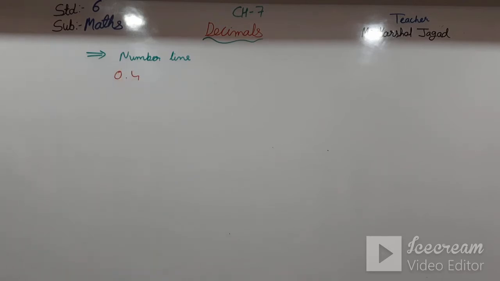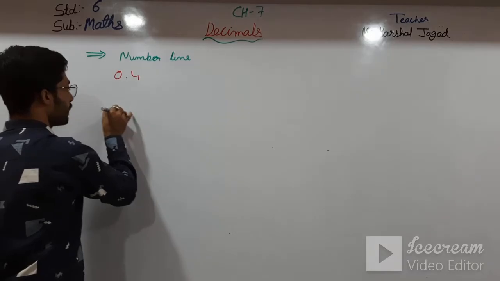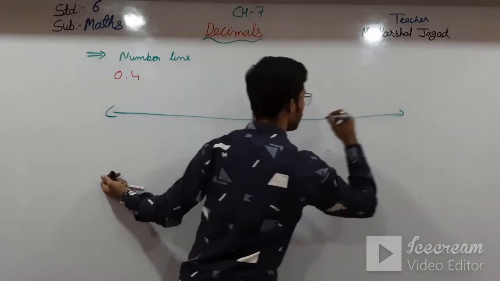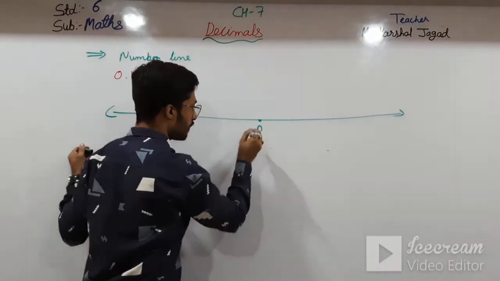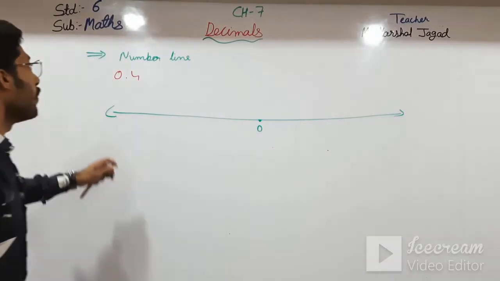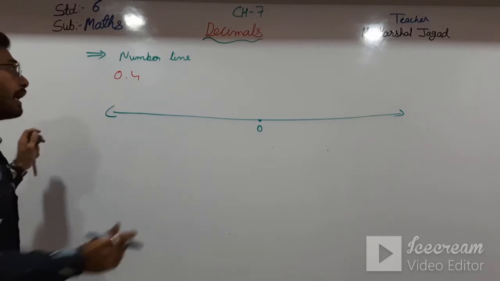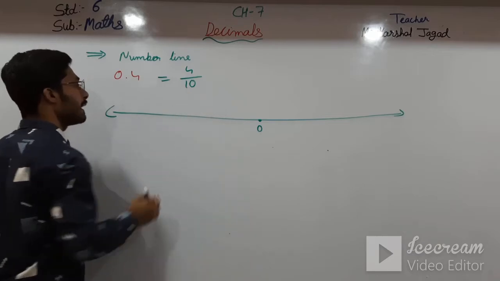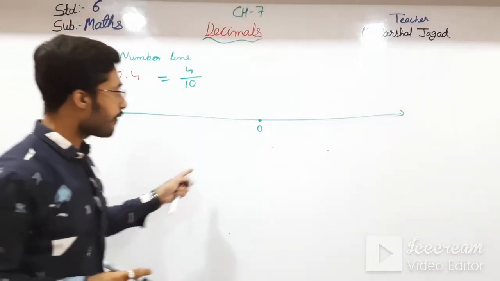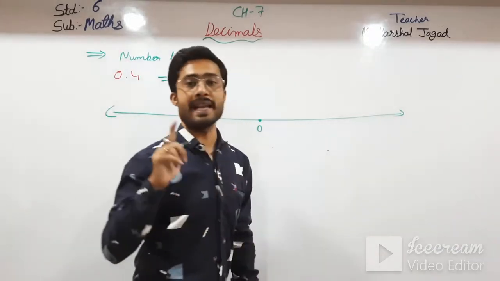Let us do that. So here first of all we will draw a line, and we will put a 0 over here. Okay, and now we have to do 0.4. Then I can write this as 4 upon 10. Then we have to divide 0 to 1 into 10 parts.